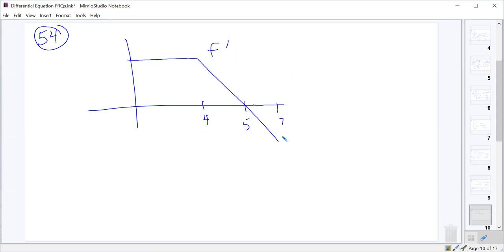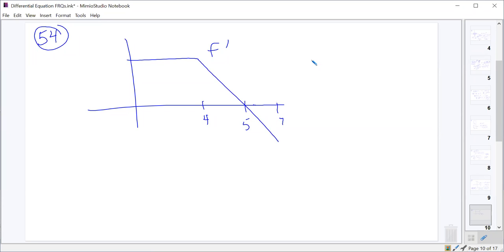So our derivative exists everywhere, which means our function definitely exists everywhere, which means that it's going to be continuous. I mean, it doesn't guarantee that it's continuous, it's possible that it could be discontinuous, but it doesn't guarantee that it is. So we can eliminate choice A.